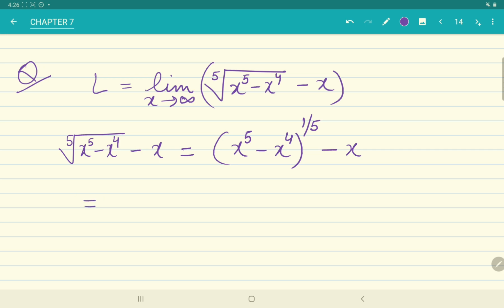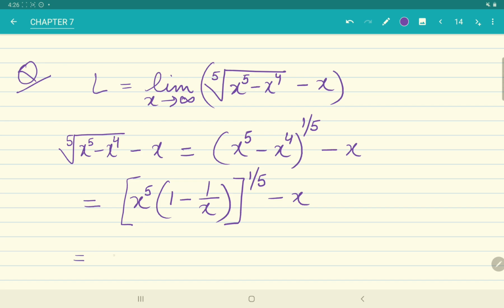Now I take out x raised to the power 5, and the trick is to understand that we are concerned about limit x tending to infinity. So the best way to approach this is to think of the highest degree of x and take that out as a factor. So we write x raised to the power 5 times 1 minus 1 by x, raised to the power 1 by 5, minus x.